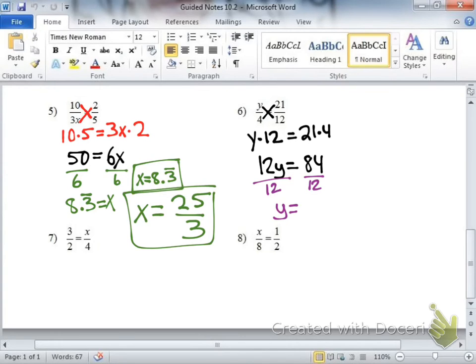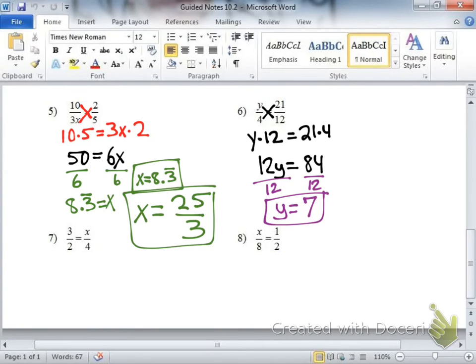Sorry, I said that backwards. Correct. 7 is our answer for the y. Again, if you want to plug the y part back in and then double check to see if 7 over 4 really does equal 21 over 12, you can totally go for it. Any questions on number 6?